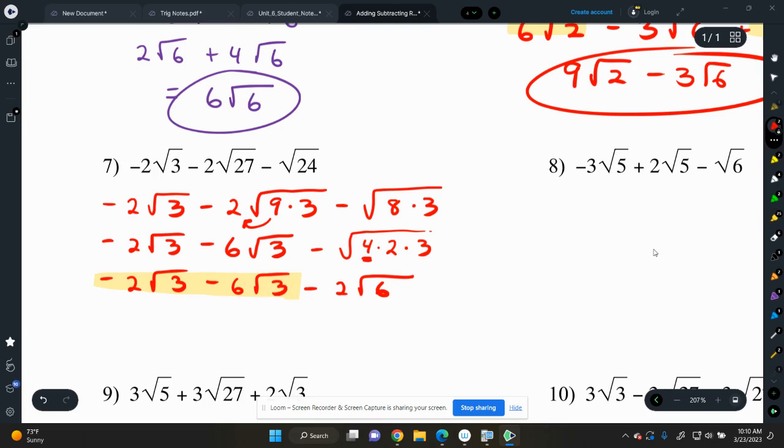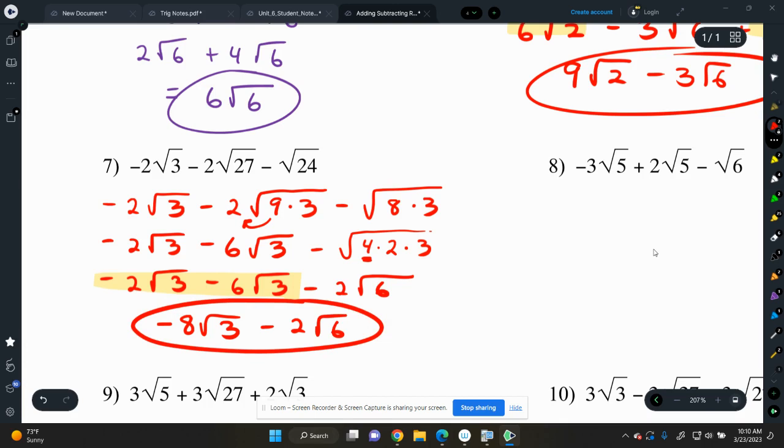So minus 2 minus 6 gives us minus 8 root 3 minus 2 root 6. And we're done. Yes, ma'am. So even though we don't have an outside number, we're able to still simplify. Yeah, you want to make sure you do simplify even if you can't combine it with anything. Okay.